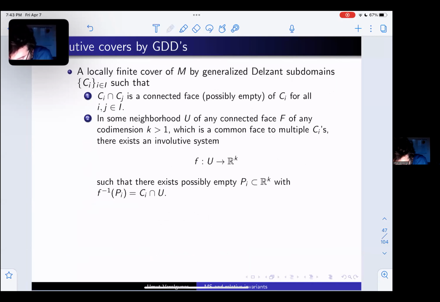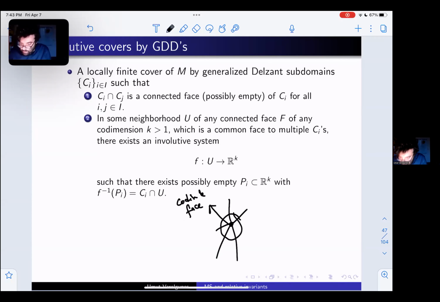And so if you look at any, let's say I see something like this, maybe this one is a codimension K face. It's common to many chambers, many generalized Delzant domains. What I want is that I have a bunch of functions that are defined in neighborhoods of the faces that join at this point, and I want all of those to Poisson commute.